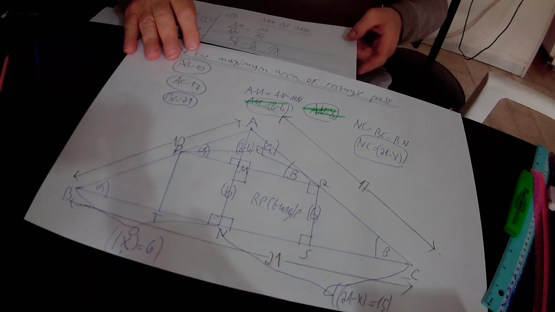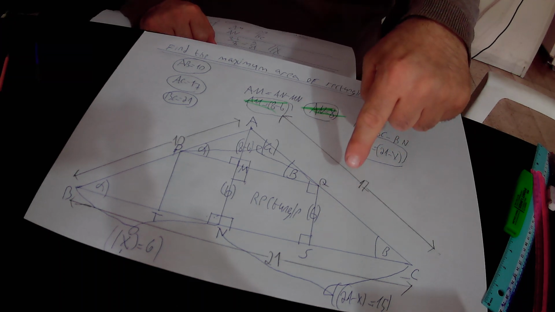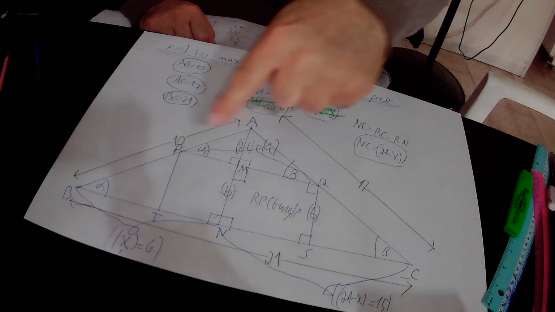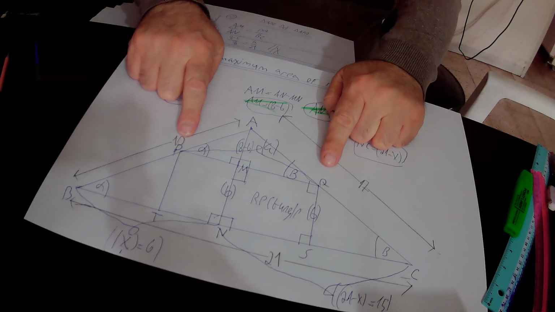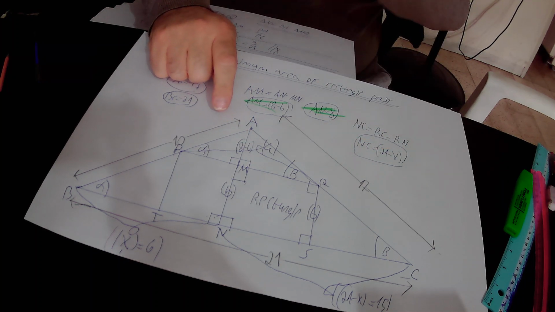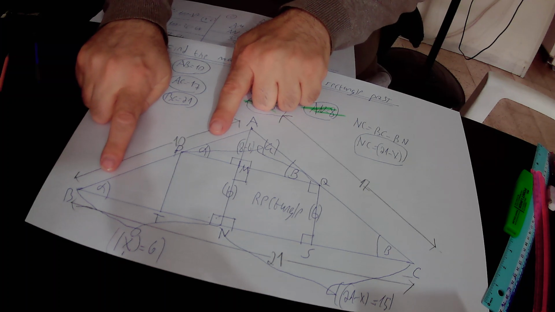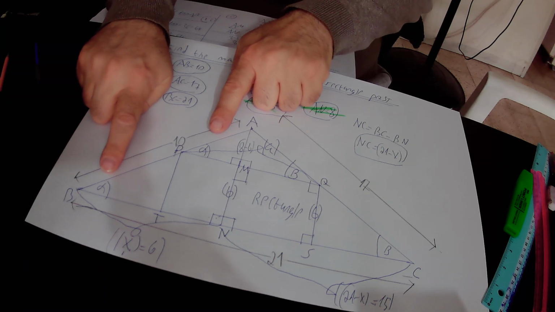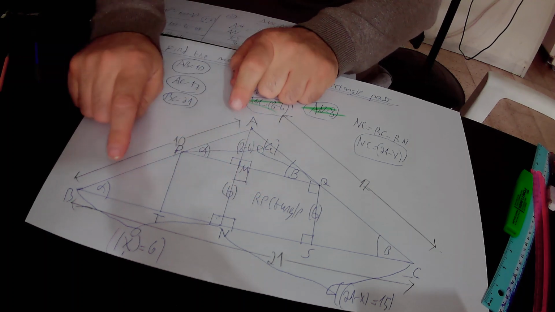In the next step, we defined the width of this rectangle PQST, the width QS, SB, and the length PQ, SA. Then these two angles are corresponding angles located between the parallel lines PQ and BC, and therefore they are equal to each other.